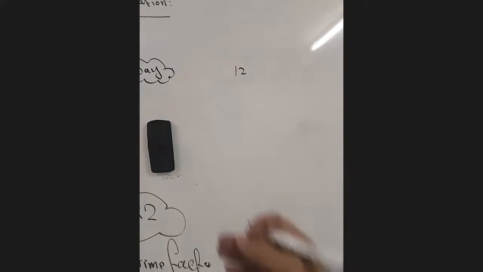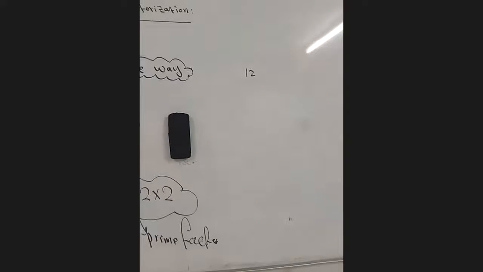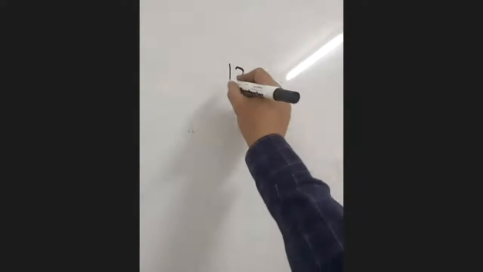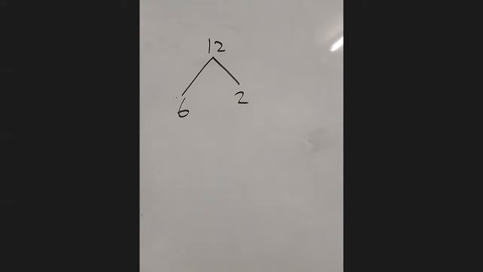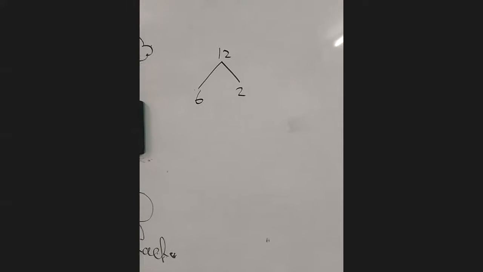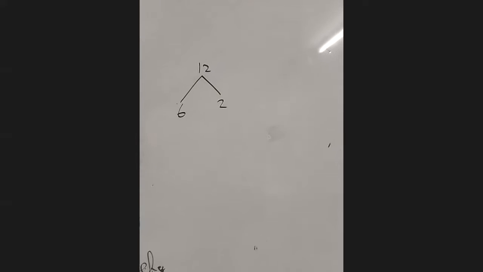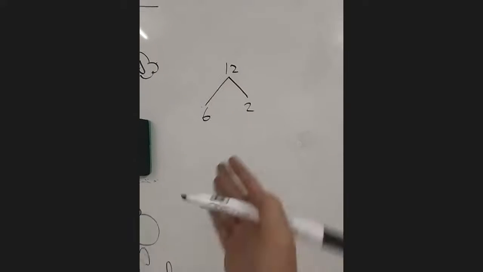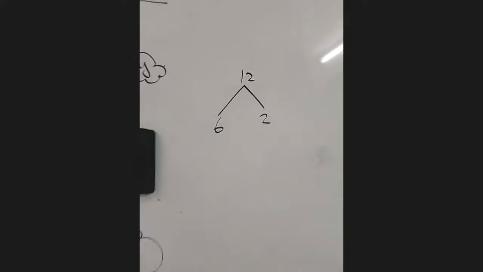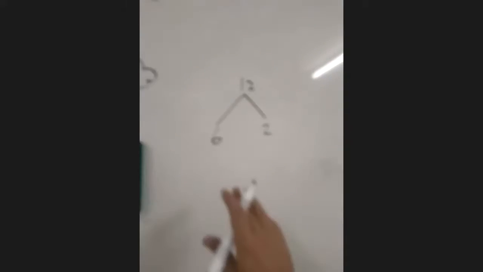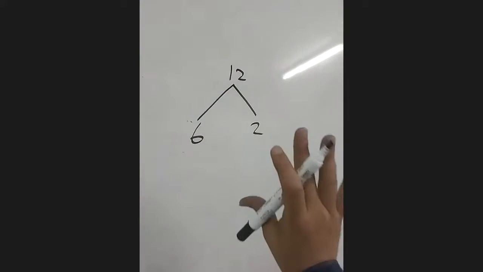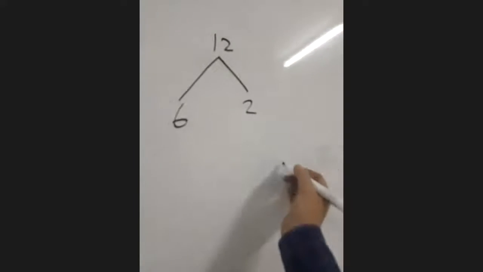If you multiply them, you get 12. 6 multiply 2. Stop. 6 multiplied by 2. Can I use 4 by 3? Yes. 4 times 3 is 12. Stop. Can I use 12 by 1? No, because 12 by 1 is still 12. We don't need it. So I choose other numbers, okay? Now the 6 and the 2. Now I will ask you this question. Can I do more for the 2?